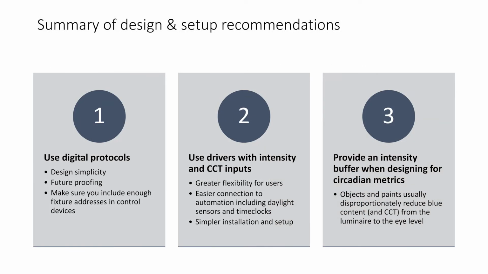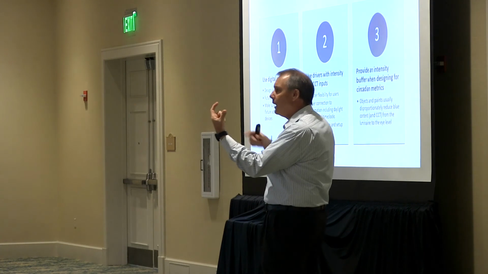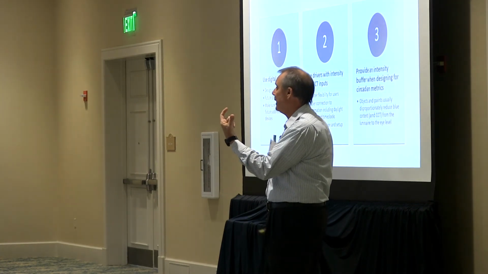So a summary of the design and setup. Use digital protocols. 0 to 10 is not really going to work. It's going to be too much control wiring and the problems are going to manifest. That color space that I showed you, along the black body curve, there's little ellipses normally drawn on it, and these are called MacAdam ellipses, and they're longer in the color of white.